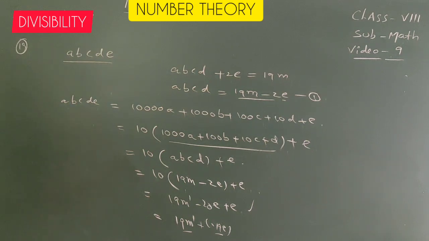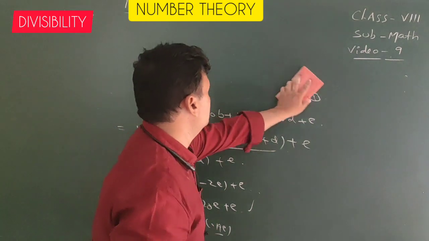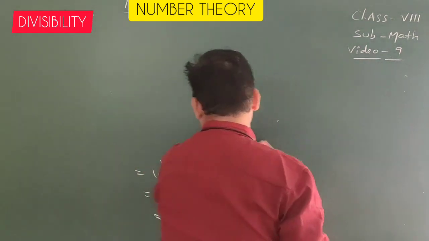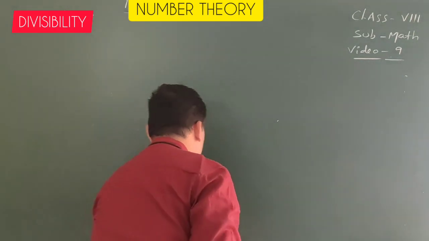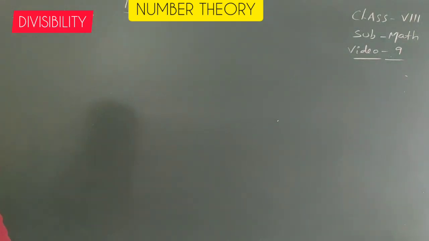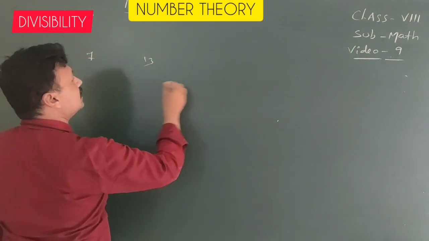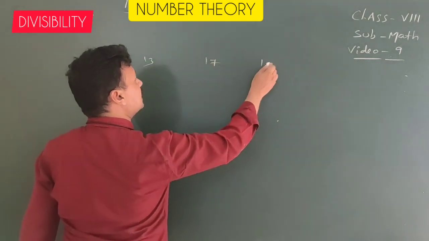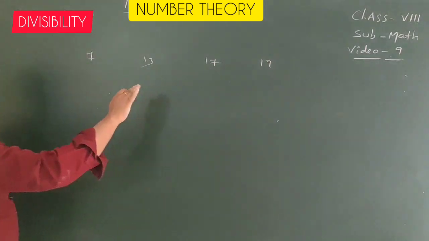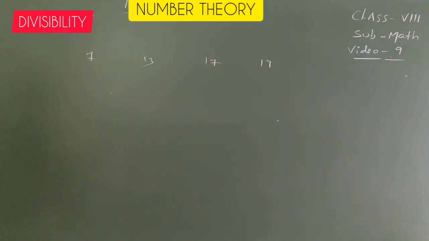Okay, once check these results. Next, I will write all the numbers. Here, divisibility rules for 7, 13, 17, and 19 we wrote. For 7, 13, 17, and 19 we checked; the remaining are for tomorrow's class.